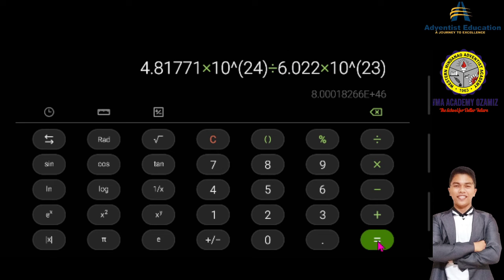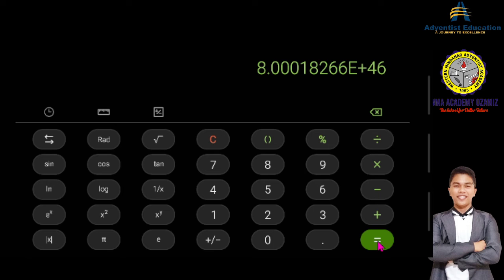Then let's hit the equal sign. Then you have now 8.00182. That means there are still more numbers after the decimal point, but we have now the number there.